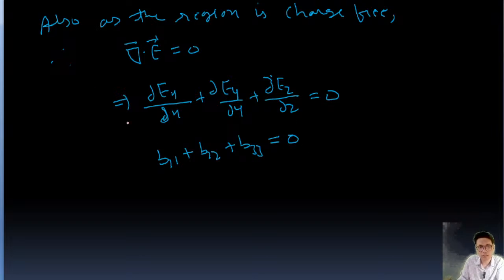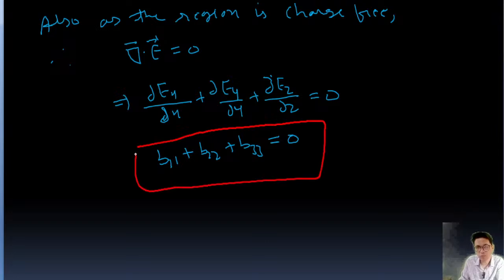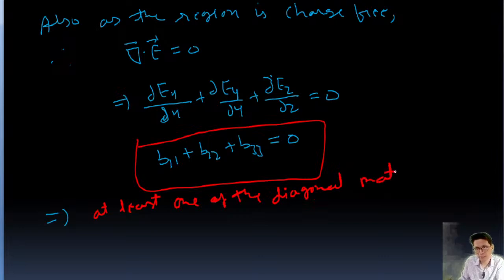If B11 plus B22 plus B33, that is the sum of diagonal elements, is 0, this implies at least one of the diagonal elements is dependent.